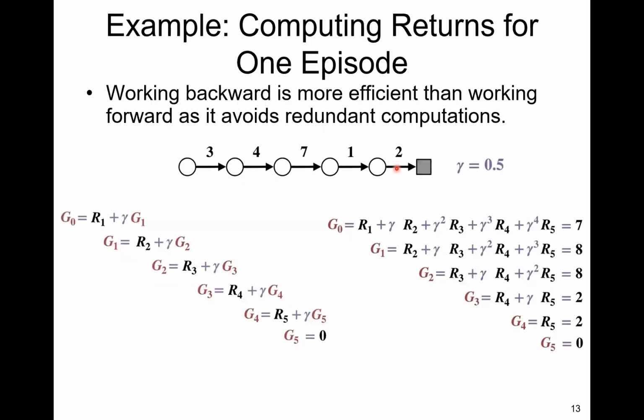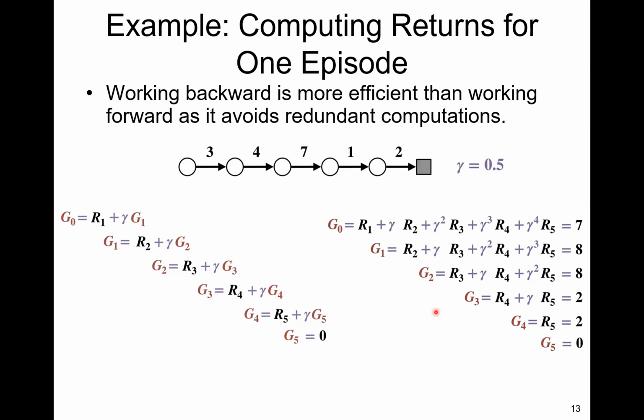So here's the computing returns for one episode. For this episode, you have rewards of 3, 4, 7, 1, 2 with a discount factor of 0.5. And then you compute it backwards from G5 = 0. G5 is the terminal state, and G4 is R5 plus gamma G5, and G3 and so on.